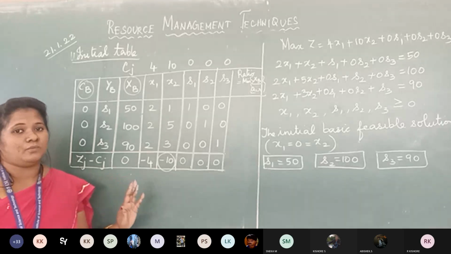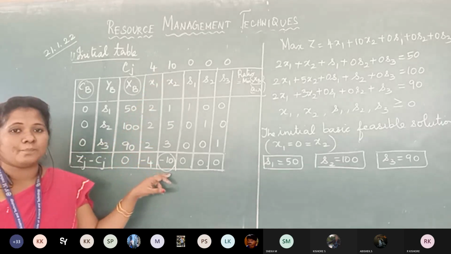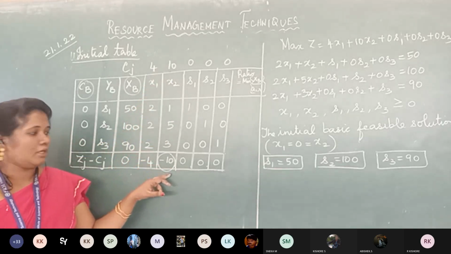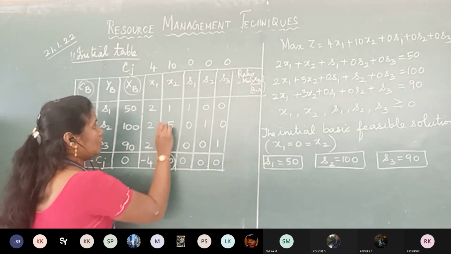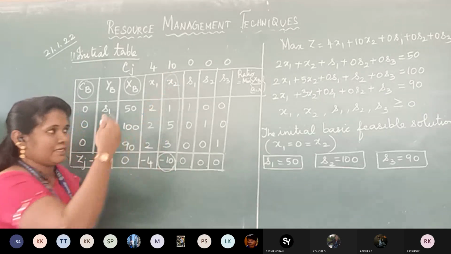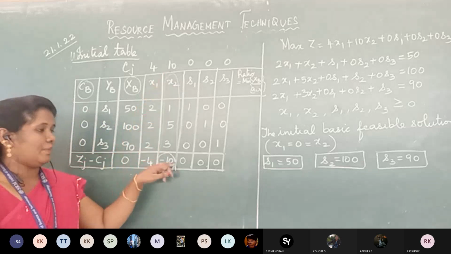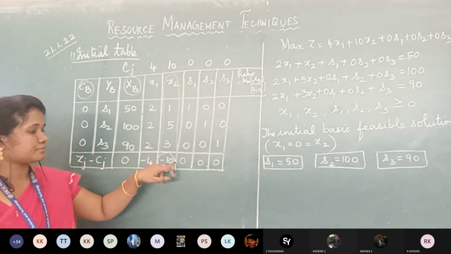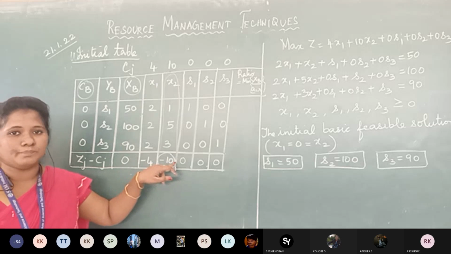That is your entering variable, and the corresponding column will become your pivot column. So whatever is your most negative value becomes your entering variable. Your entering variable for the next table will be x2, and this column will become your pivot column or your key column.